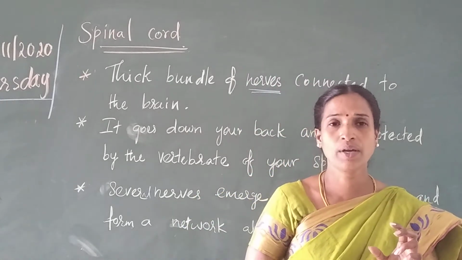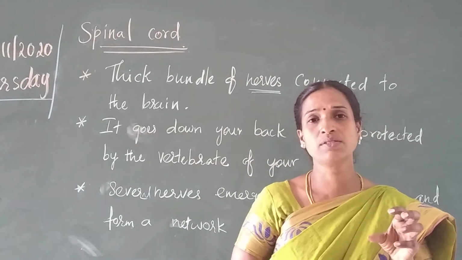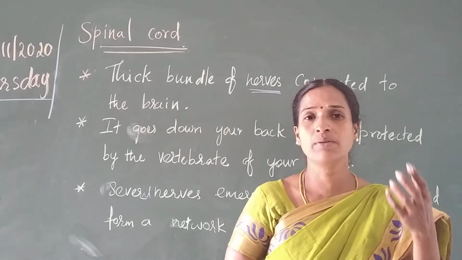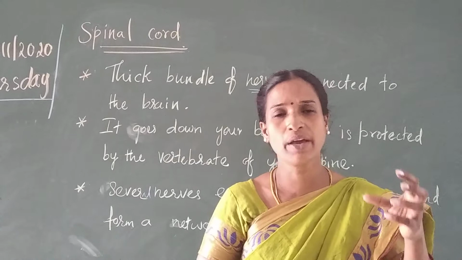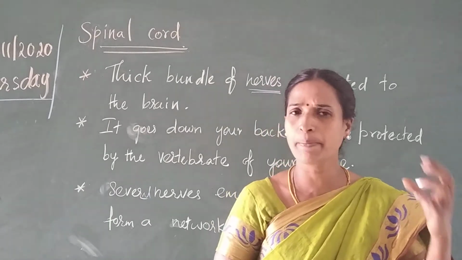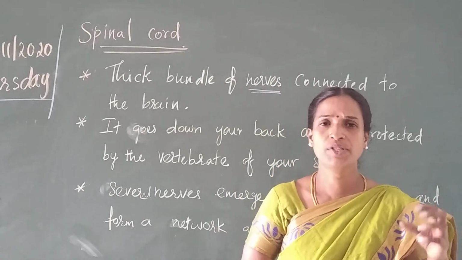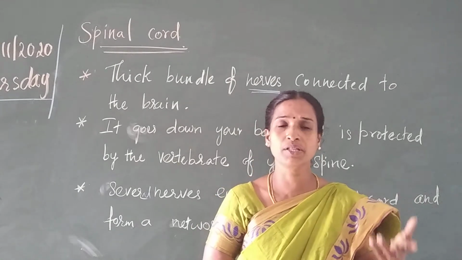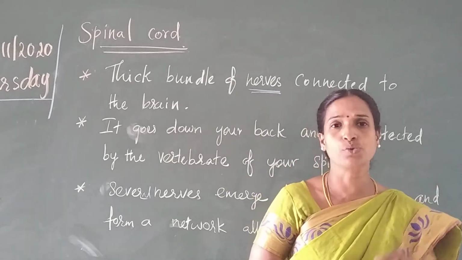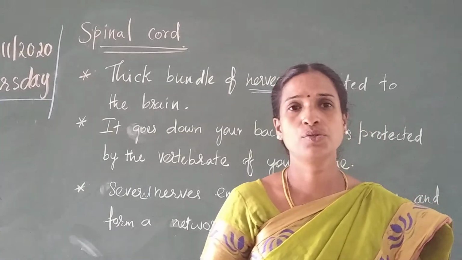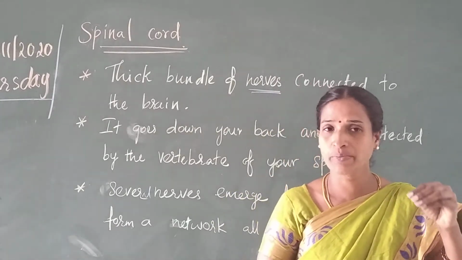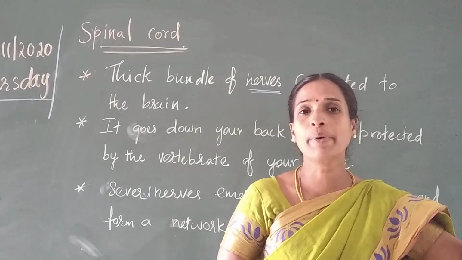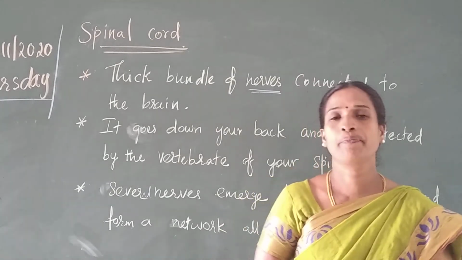These messages mean so many questions, so many doubts. Every message, every doubt, every pain will be studied by the brain, which instructs the body what it has to do. So the message is carried by the neuron to the brain through the spinal cord.